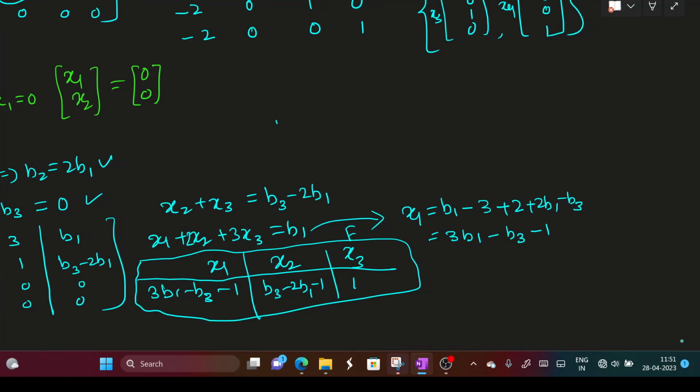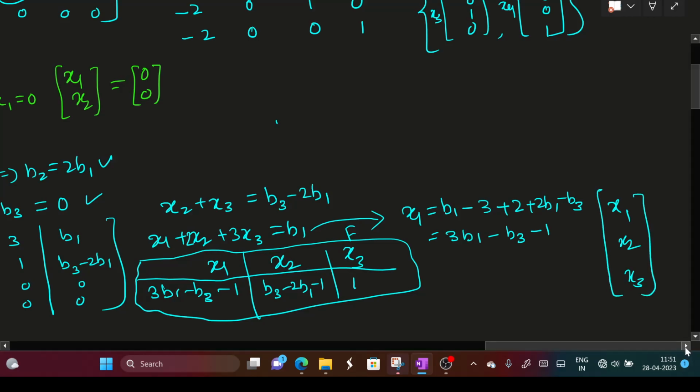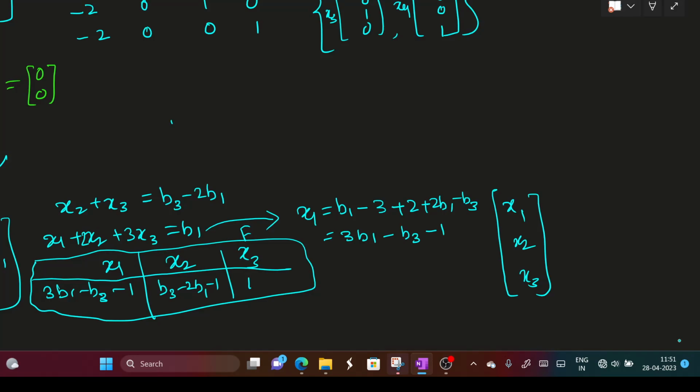That is, x1, x2, x3 is equal to any scalar multiple of this vector: 3b1 minus b3 minus 1, b3 minus 2b1 minus 1, 1.